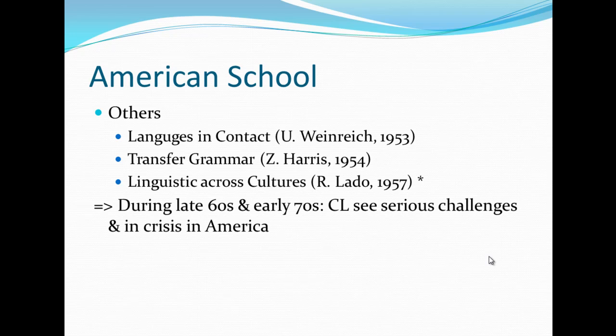Now, to make the matter worse, the machine translation project started by the American government was a failure during the 70s and the 80s, despite billions of dollars spent on that project. During the 1950s, lots of people believed that soon we would not need translators, we would not need language teachers, because computers could do all those automatic translations for human beings, based on the contrastive analysis work of different language pairs.